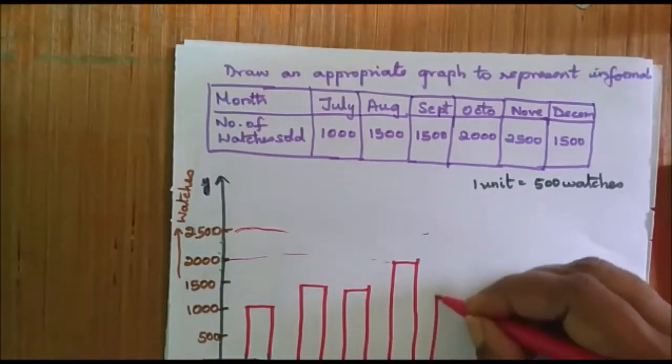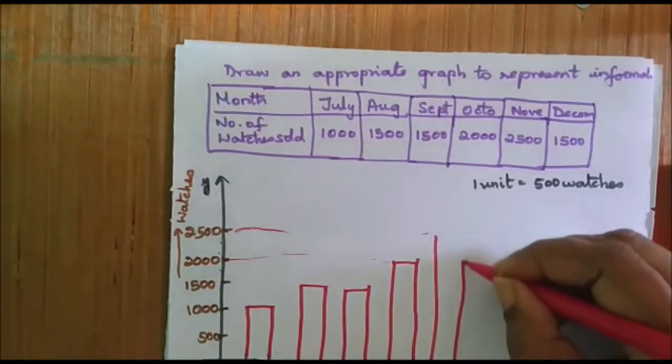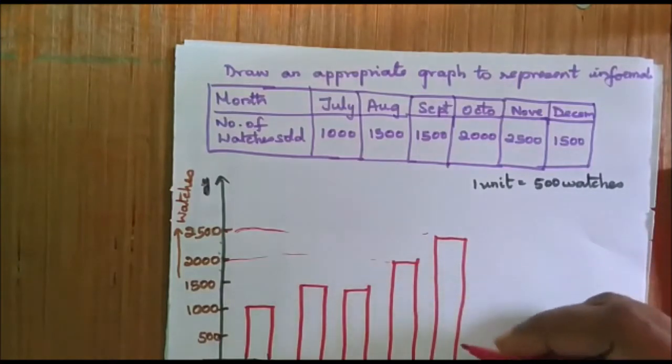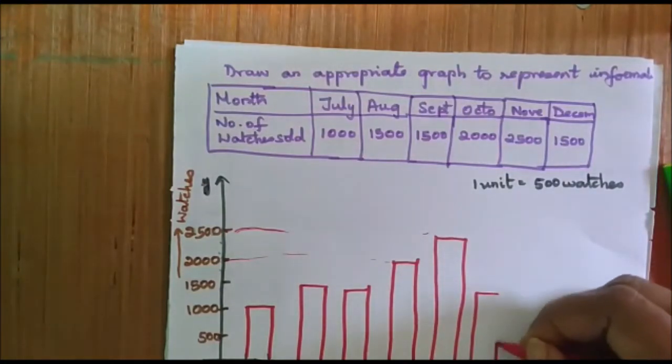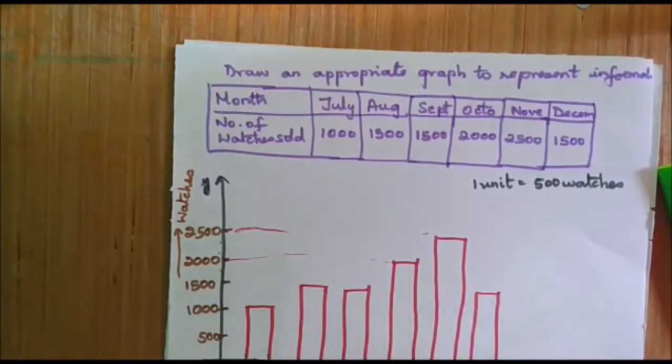So I have it as 2500. Then in December it is 1500. So this is how I represent the number of watches using a bar graph.